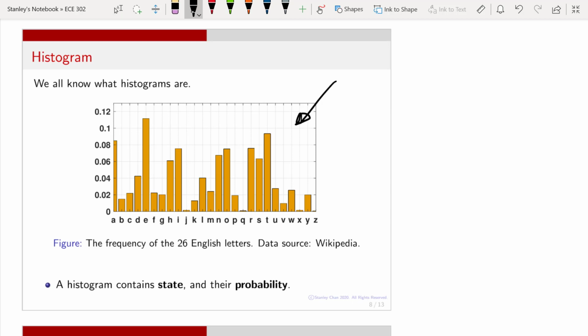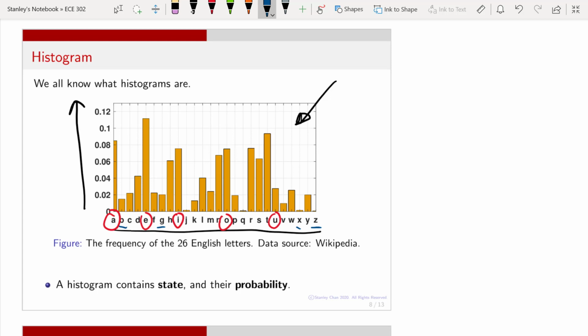The x-axis of this diagram contains all the 26 alphabets from A to Z. The y-axis is the relative frequency of occurrence for each of these alphabets. For example, the vowels A, E, I, O, U have relatively higher frequency of happening. Consonants like B, G, X, or Z have lower chance of happening.